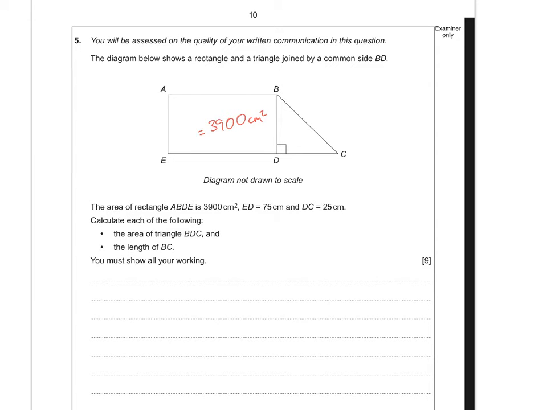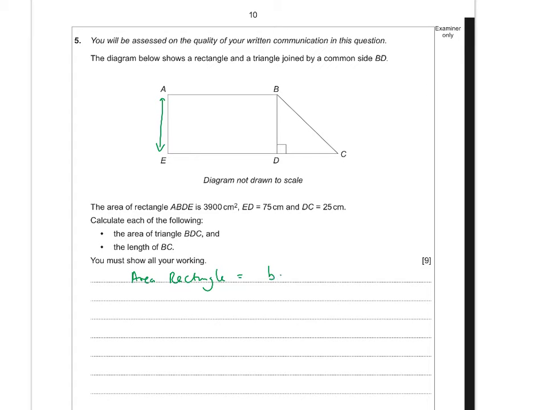I know that E to D is 75 centimetres. And I know that D to C was 25 centimetres. Okay? Now, inadvertently, by telling me the base and the area, they have actually let me know what this thing here is.